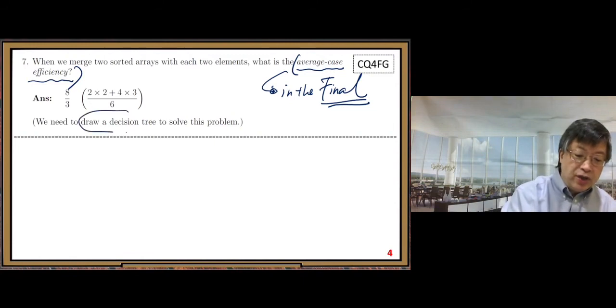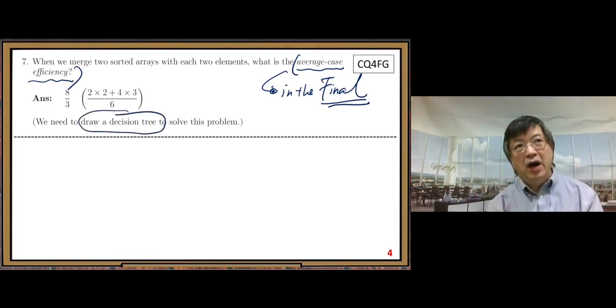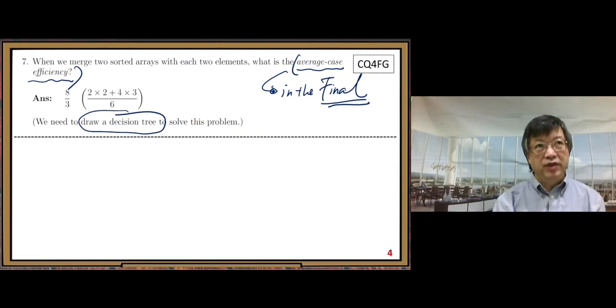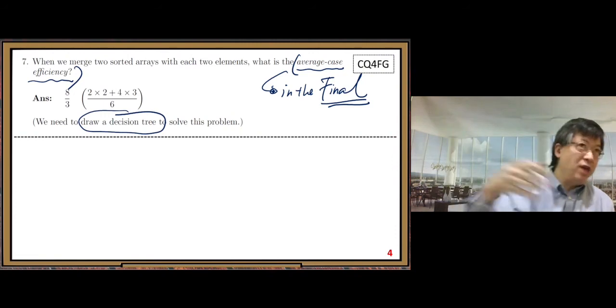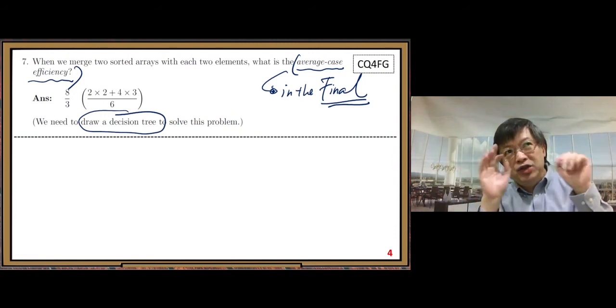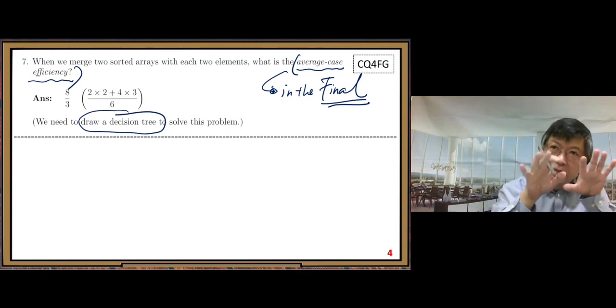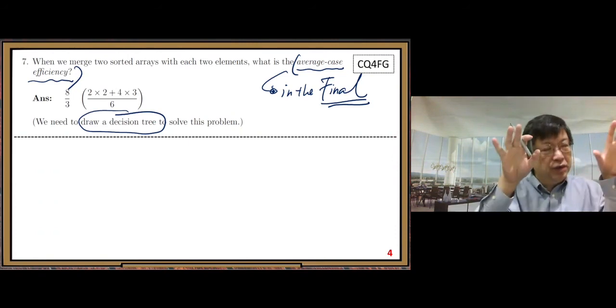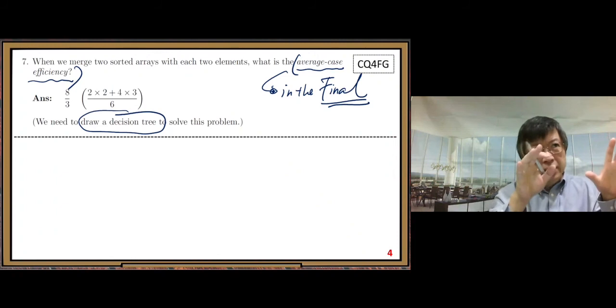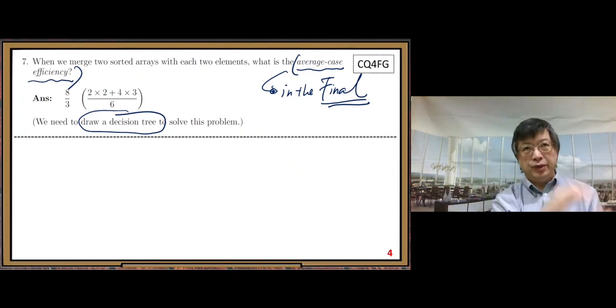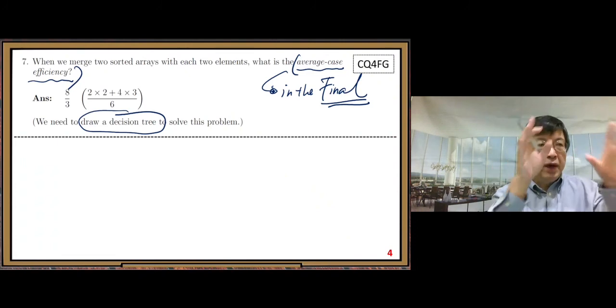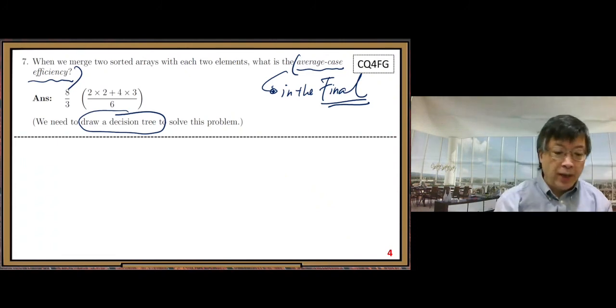Draw a decision tree. So this one is a little harder than the previous one. The previous one we can do step by step easily, right? Here, we need to do some characterization, use several categories to organize the cases. All right.